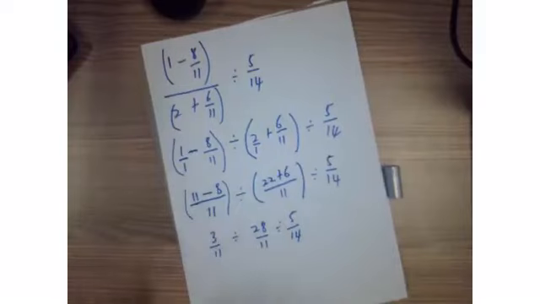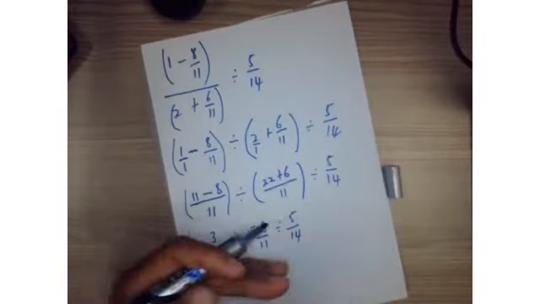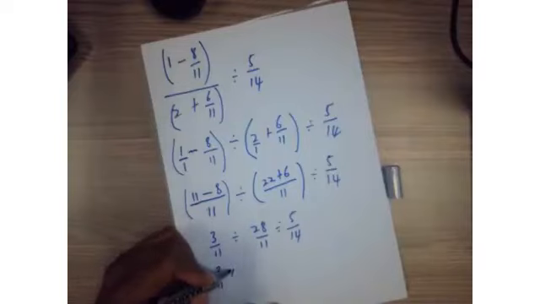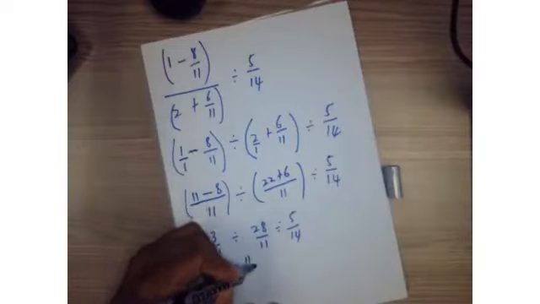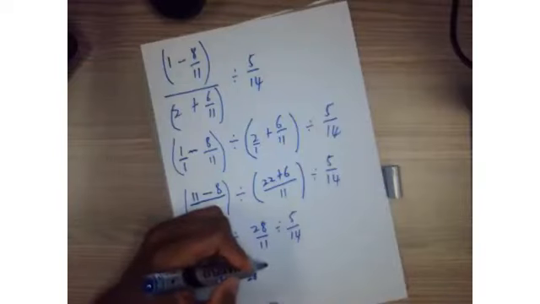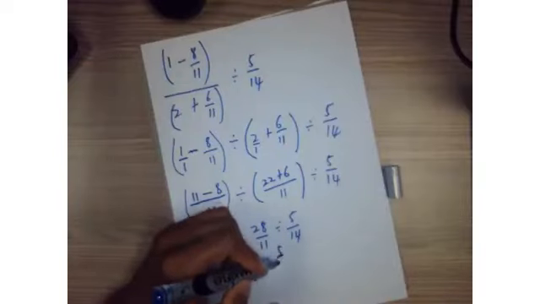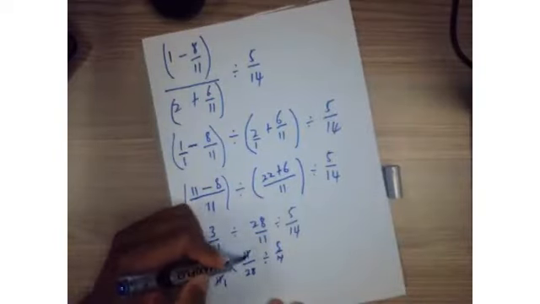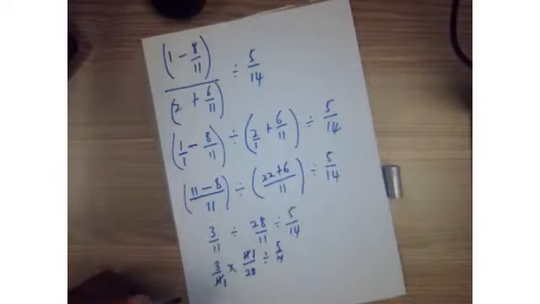So now you start working from left to right. You go 3 over 11, multiply by the reciprocal, 1 over 28, right? Divide by 5 over 14. That's cross multiplication, right?